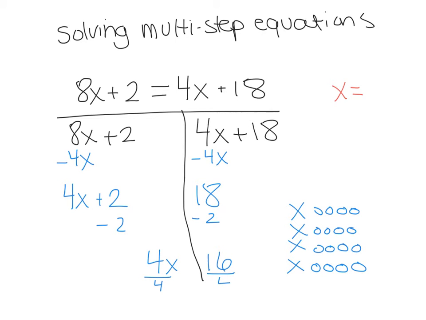Now let's say we solve it out. We're not confident in our problem. What I'm going to do is come up here to the original equation, and anywhere that there was an x, I'm going to substitute in a 4.